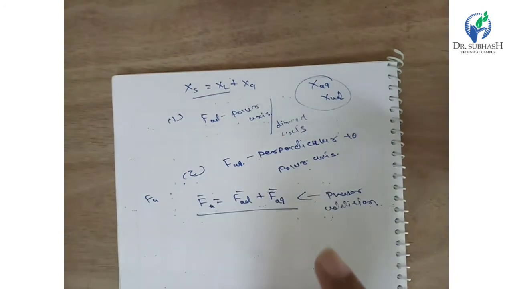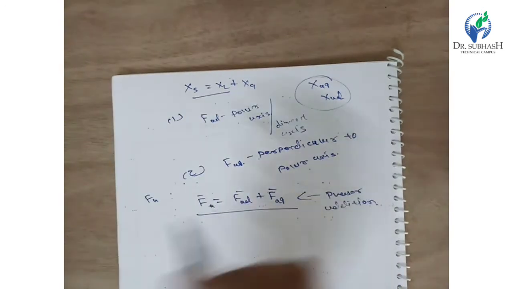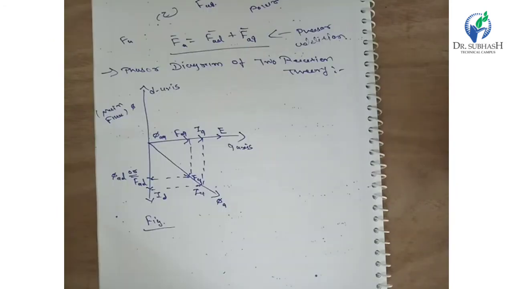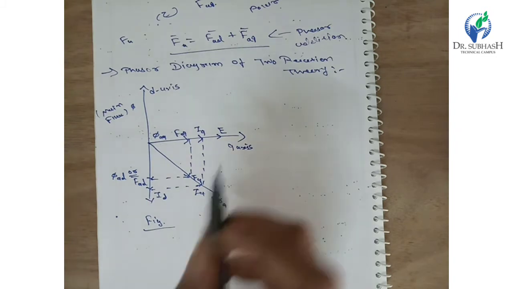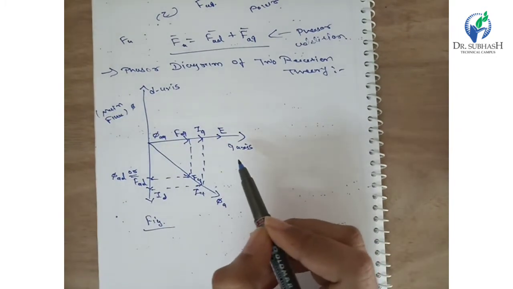Now let us explain the phasor diagram of the two reaction theory clearly. It is represented on a d axis versus q axis.